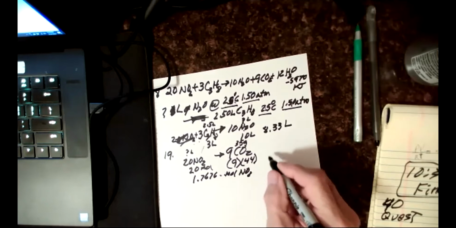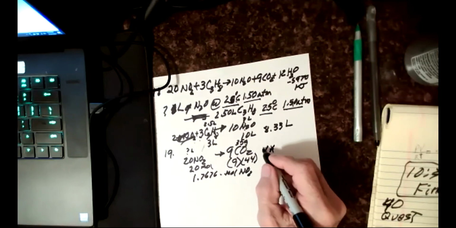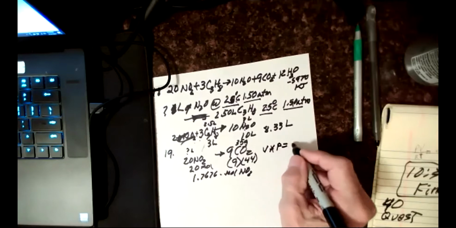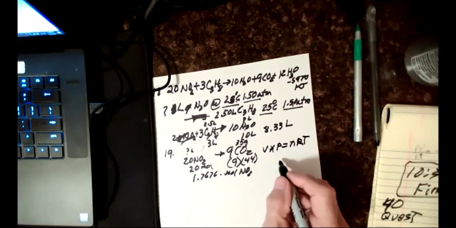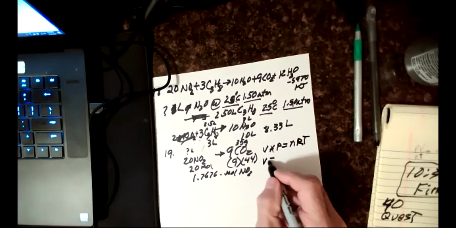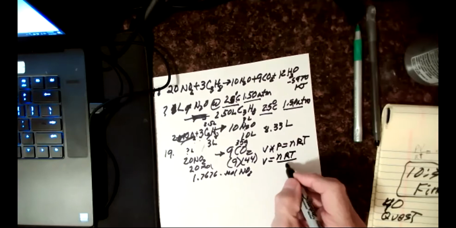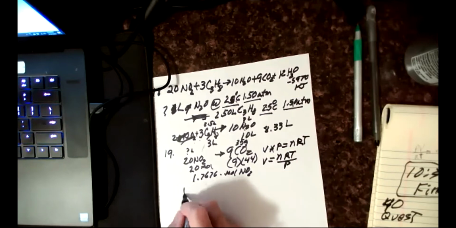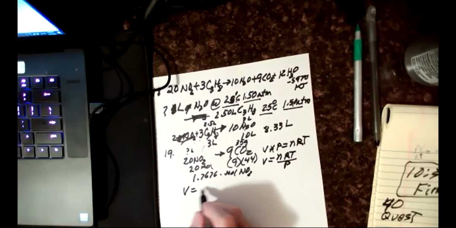Now, PV equals nRT. So V is going to be nRT divided by P. Now it's a matter of plugging in the numbers. Volume is going to be n, which is this number I've got here.